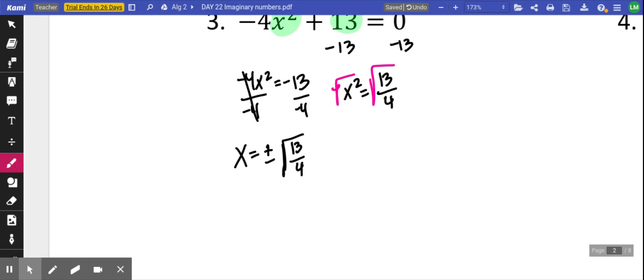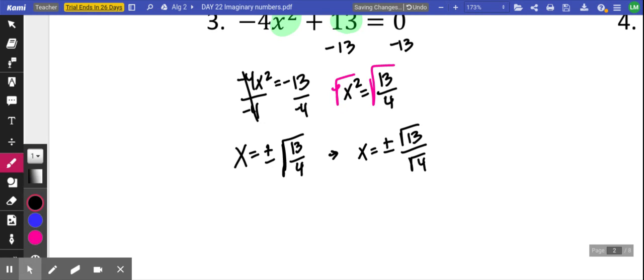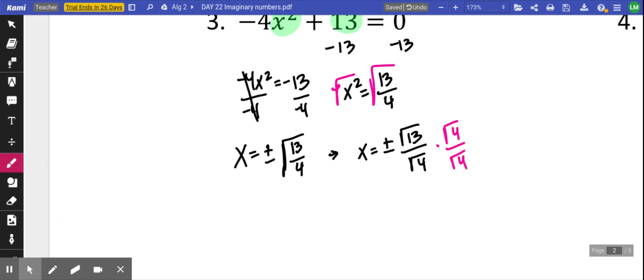All right, don't leave it like this. A couple things going on. Fraction inside of radical, right? So we can't have a radical in the denominator. So first thing I'm going to do, I'm going to split this up into the square root of 13 over the square root of 4. Now, before we start to multiply by the square root of 4 over the square root of 4, let's see if we can simplify either of these radicals.